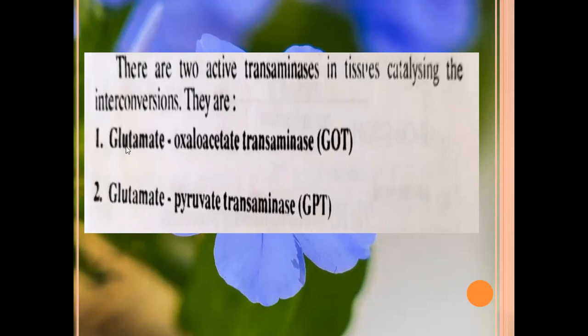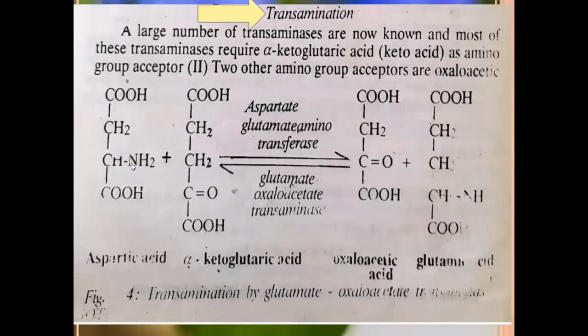First we discuss glutamate oxaloacetate transaminase. Here is the best example. The first amino acid is aspartic acid, containing an amino group, and the second, the keto acid, is alpha ketoglutaric acid.